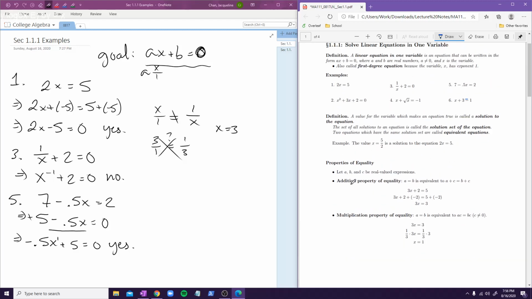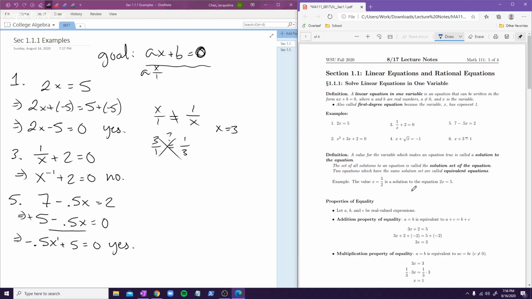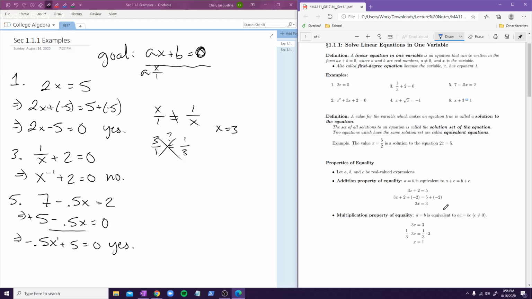Alrighty, so now the second definition we have: a value for the variable which makes an equation true is called a solution to the equation. The set of all solutions to an equation is called the solution set of the equation, and two equations which have the same solution set are called equivalent equations. So, for example, the value x is equal to 5/2 is a solution to the equation 2x equals 5.